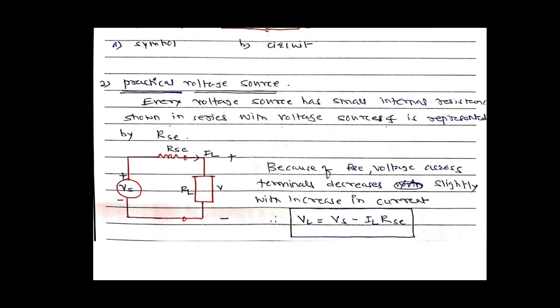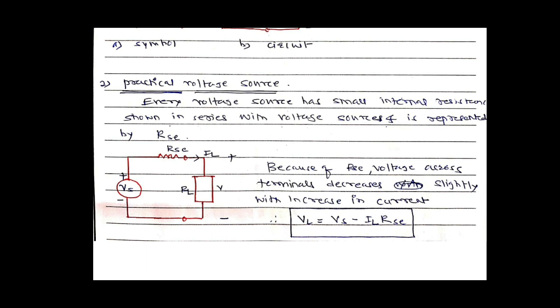Okay. So what is happening in a practical voltage source? Because of this internal resistance, which is connected in series with the voltage source, the voltage at the terminal decreases slightly with increase in the current. If you increase the current, the terminal voltage, this is the positive and negative, this is the terminal voltage VL, decreases with increase in the current.